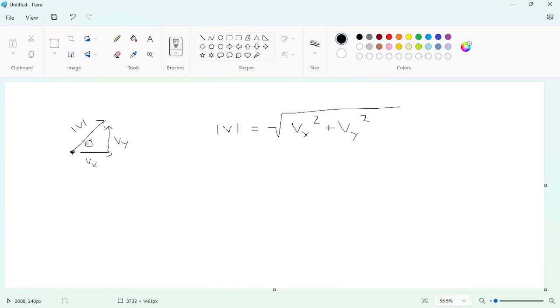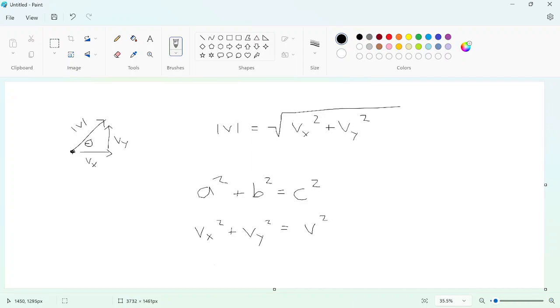And the reason being, this is just a rearranged version of the Pythagorean theorem. You have one leg, another leg, one leg squared plus another leg squared is equal to the hypotenuse squared, which in this case is Vx squared plus Vy squared is equal to V squared.